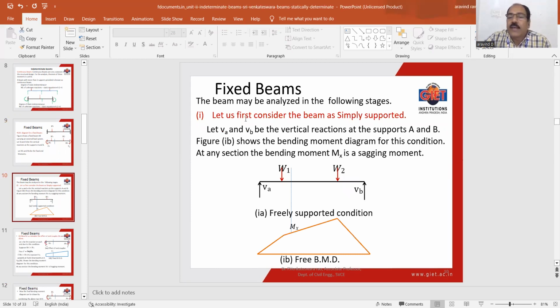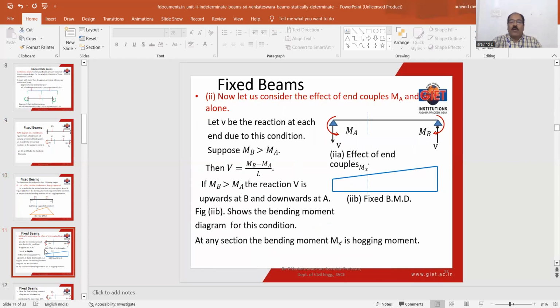Let us first consider the beam as a simply supported beam with external loads. Let it be case 1. For this beam, let us draw the bending moment diagram. Then in the second stage, let us consider only the fixed end moments MA and MB.